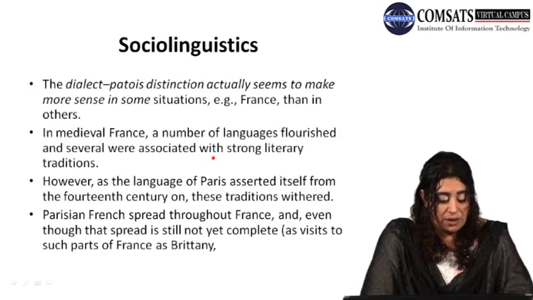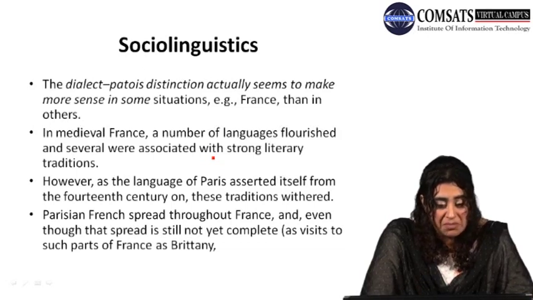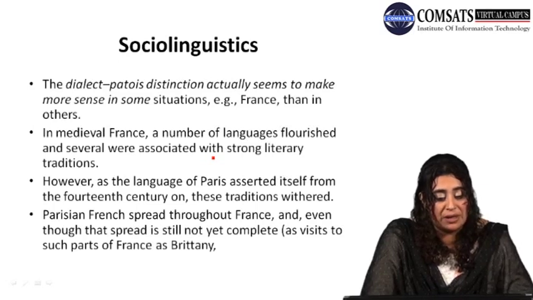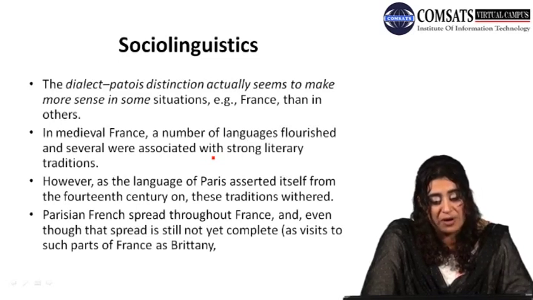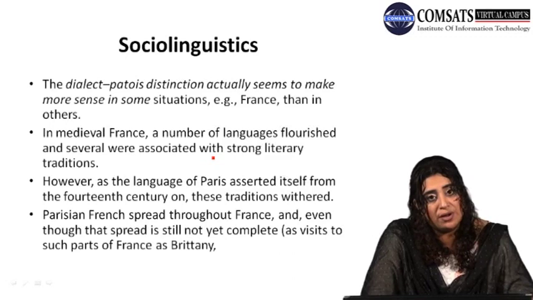The dialect and patois distinction actually seems to make more sense in some situations, for example France, than in others. In medieval France, a number of languages flourished and several were associated with strong literary traditions. However, as the language of Paris asserted itself from the 14th century, these traditions withered.